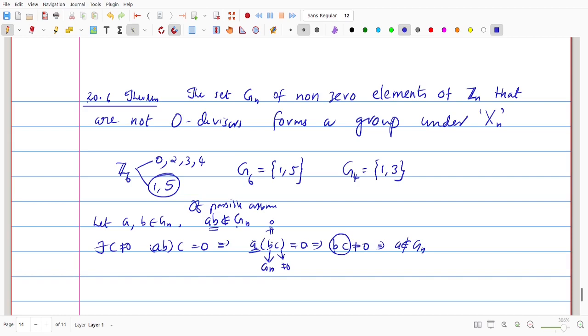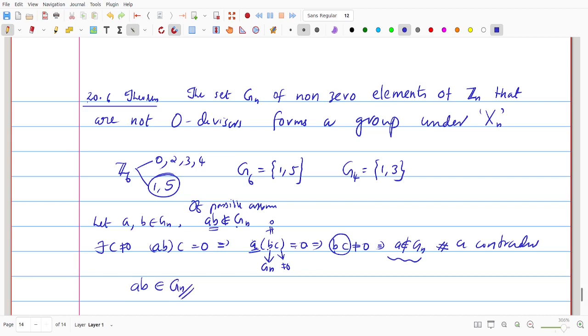A is a zero divisor means A will not be a member of Gn, which is a contradiction. Then AB is a member of Gn.